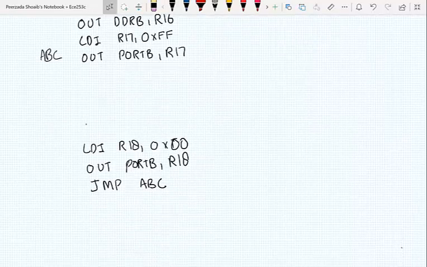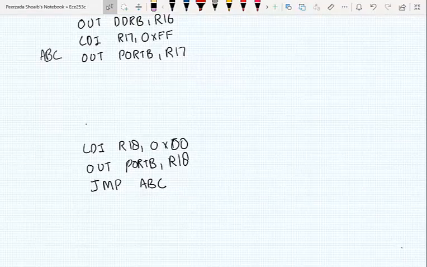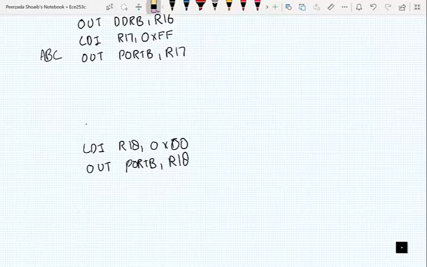Before jumping I need to keep the LEDs off for some time, so my jump will not be here. There again will be some instructions which actually will create that delay. So maybe my jump will be here, JMP to ABC. So what will now happen in this program?